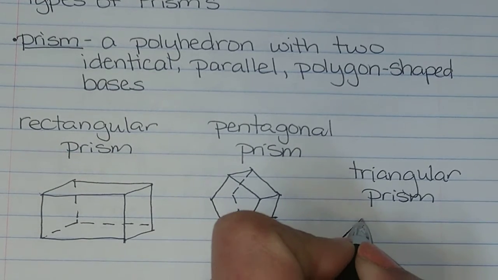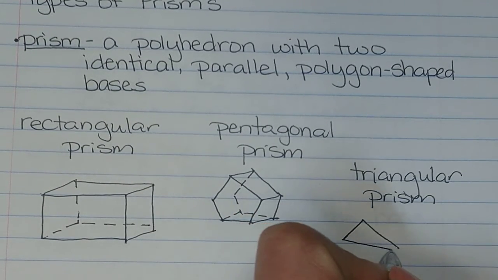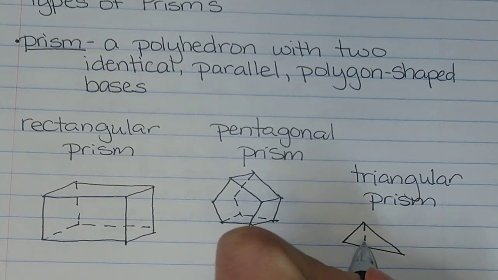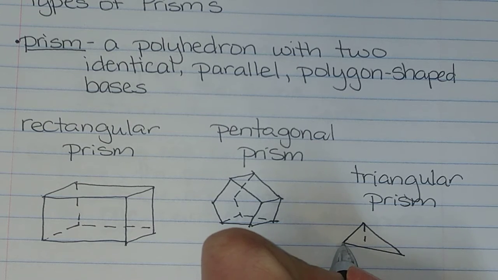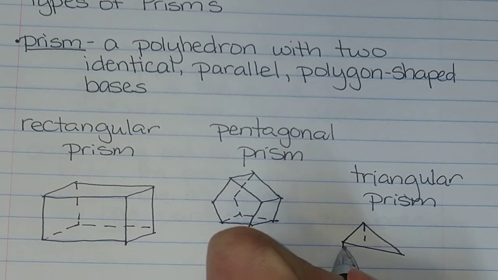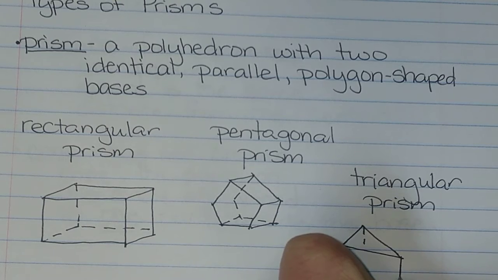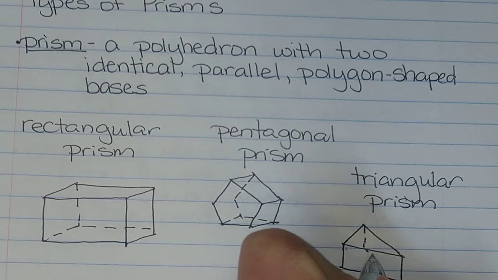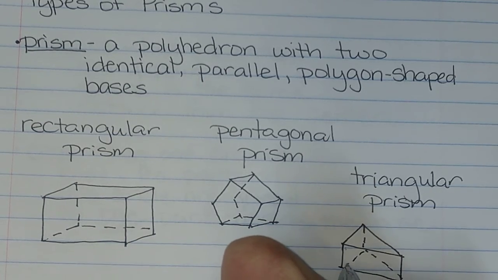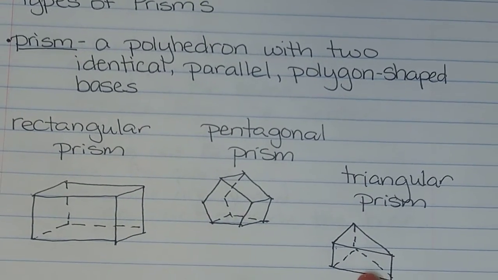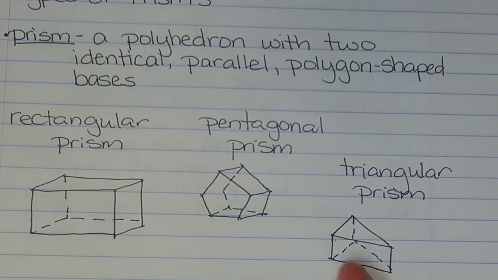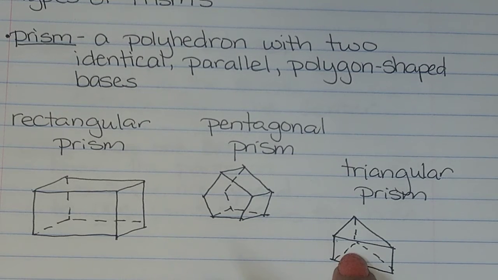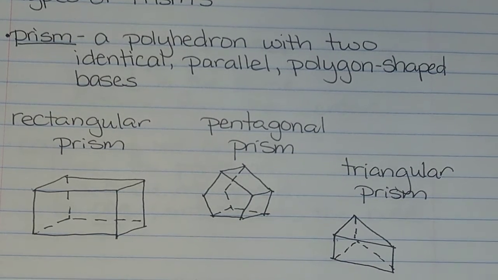If I draw a triangle, and I draw lines down, notice I do dotted lines behind. It gives it the three-dimensional look. So again, I have a triangle on the top, a triangle on the bottom, both my bases, with rectangular sides.